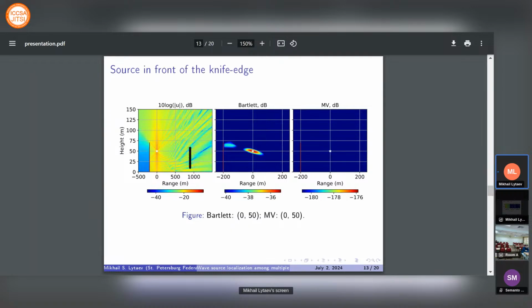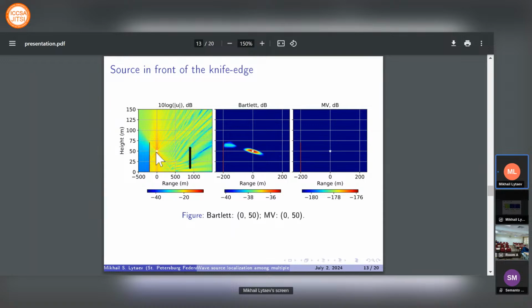So let's pose one knife edge behind the source location. Here we can also see that both methods correctly determine the source position.